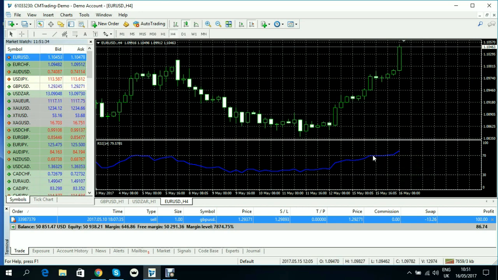The RSI has only one line that moves between 0 and 100. I mean this moving average. So it moves mostly between this 30 and 70 by its divisions: 0 to 30, 30 to 70, 70 to 100.